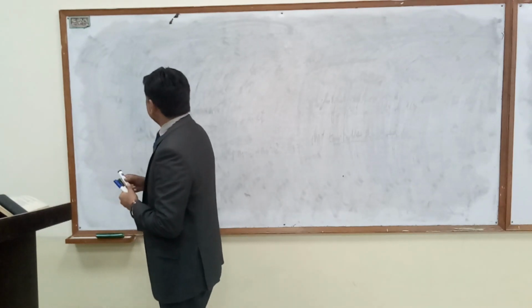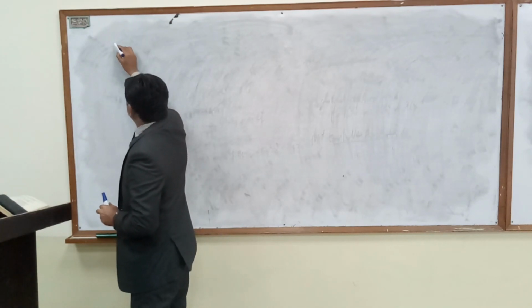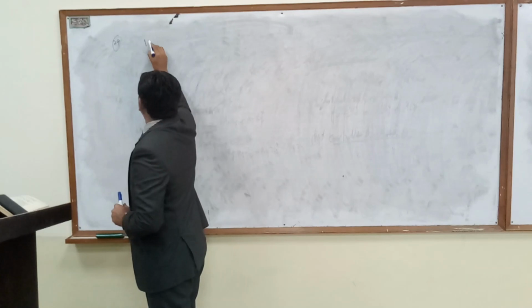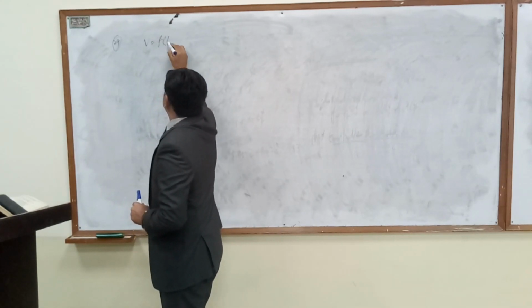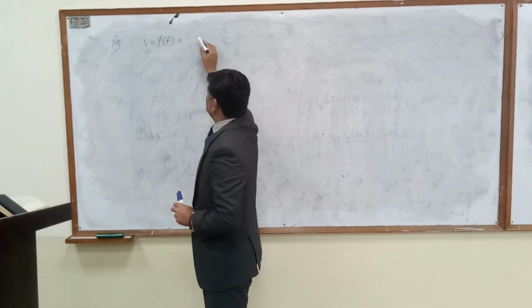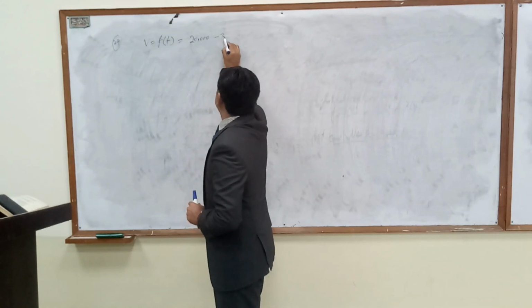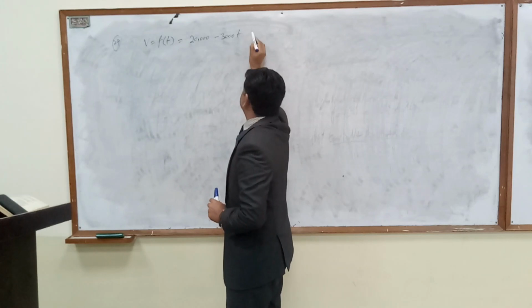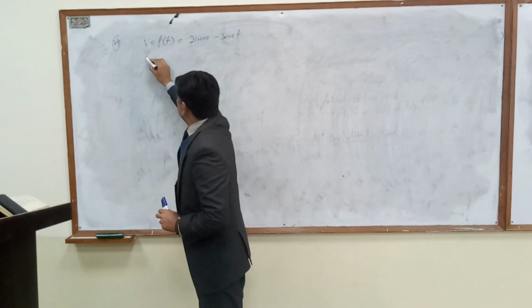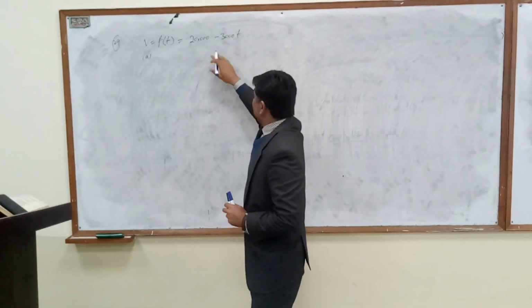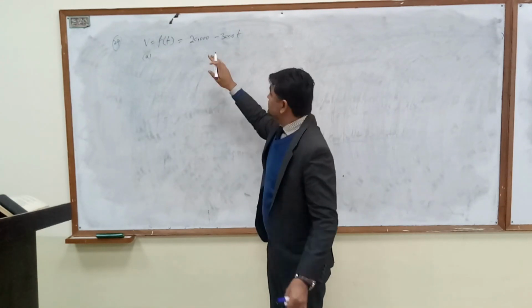So the value of truck is a function of t, and it's equal to 20,000 minus 3,000t. Part A. Here we can have a little discussion.